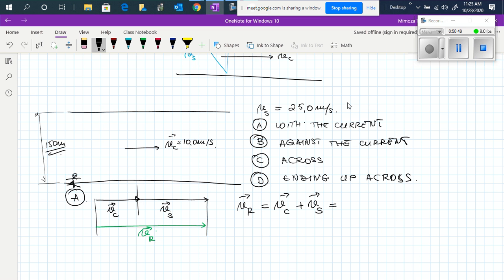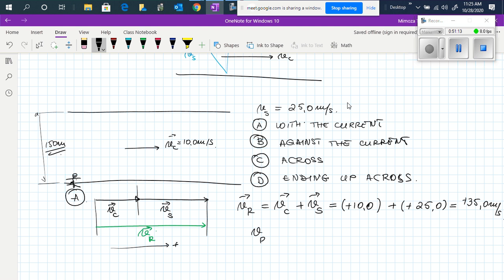Since it is in one direction, consider this as the positive direction. So this will be positive 10 meters per second plus positive 25 meters per second. And the velocity that the observer sees, or the resultant velocity, will be positive 35 meters per second.